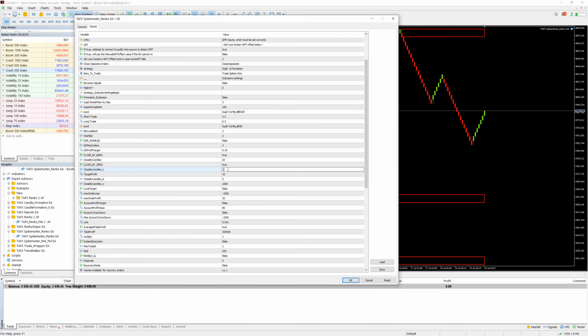So those people who want to use a big lot size and only want to trade like 3 candles against the spikes, the best thing is it won't just be 3 candles, it will give a signal after the formation. So you can't miss that opportunity because you are not gambling.